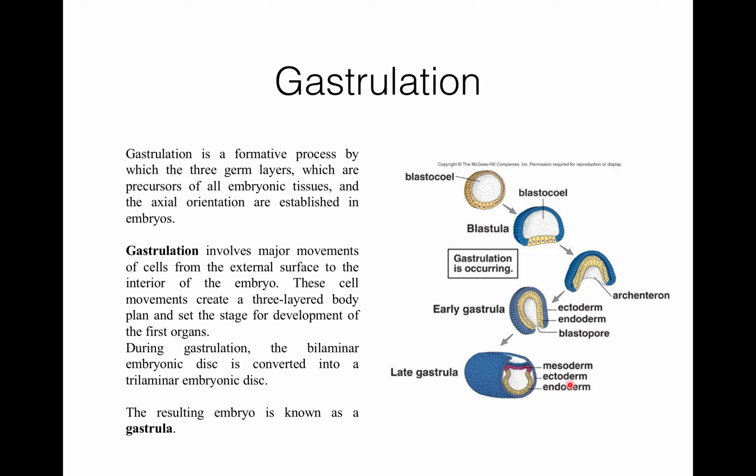During gastrulation, the bilaminar embryonic disc is converted into a trilaminar embryonic disc. So gastrulation is a formative process by which the three germ layers are established in the embryo, and the resulting embryo is known as gastrula.